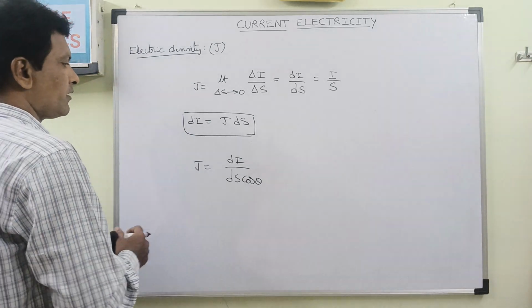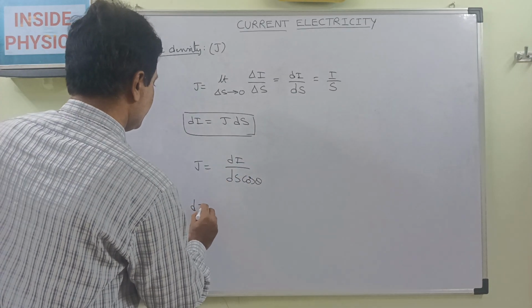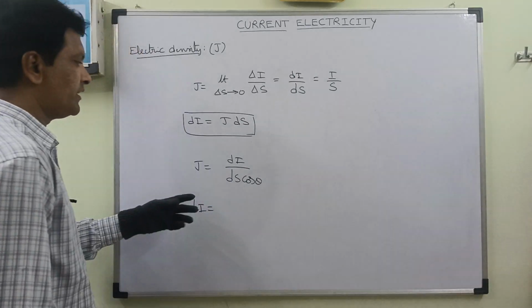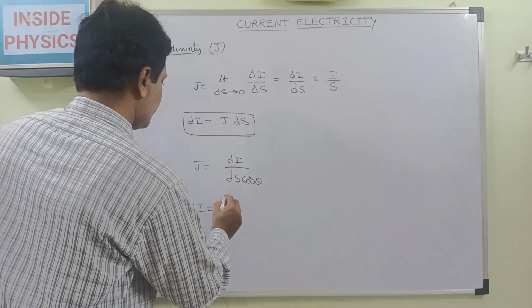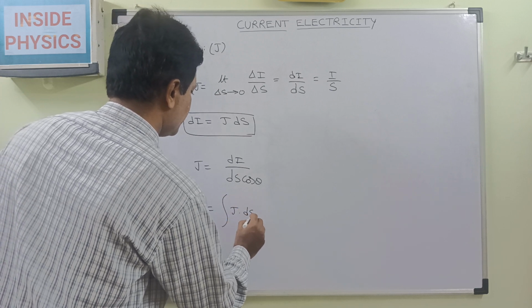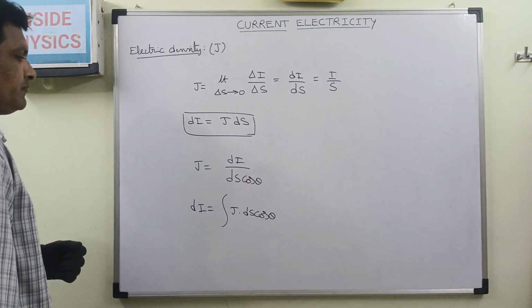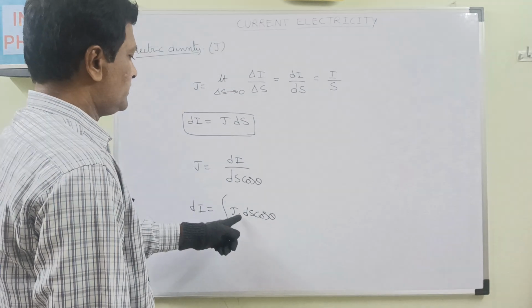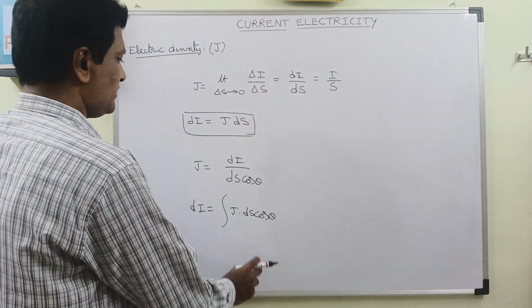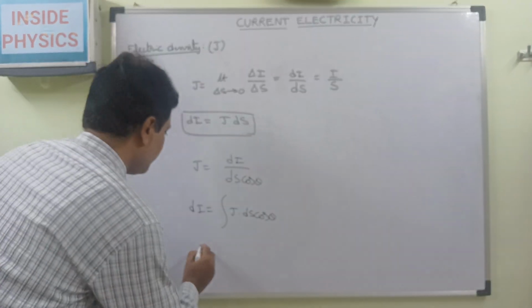If you take this form of the equation and integrate, J dot dS cos theta is in the form of a scalar product.